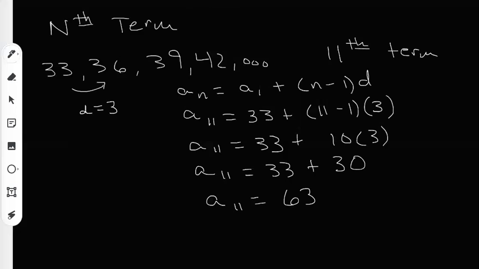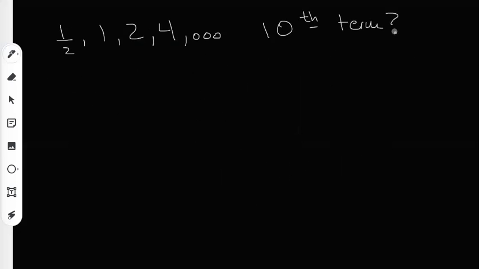If we go on to a geometric sequence, can we figure that out? Let's say I have 1/2, 1, 2, 4, and I want to figure out what the 10th term is. Well, what am I multiplying by each time?